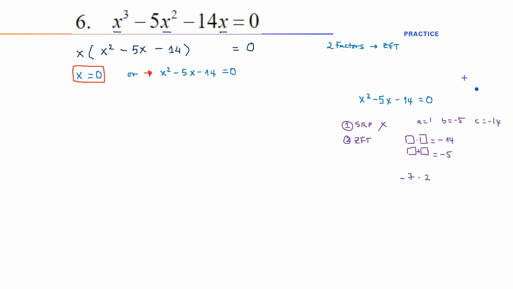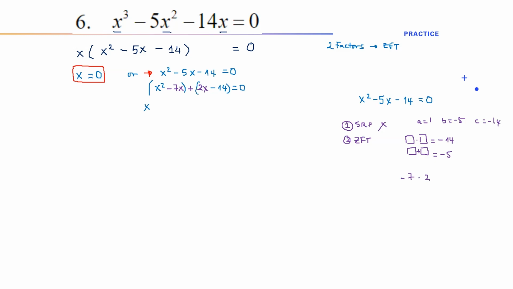So we can break that down. x squared minus 7x plus 2x minus 14 equals 0. We group the first two terms and the last two terms together.